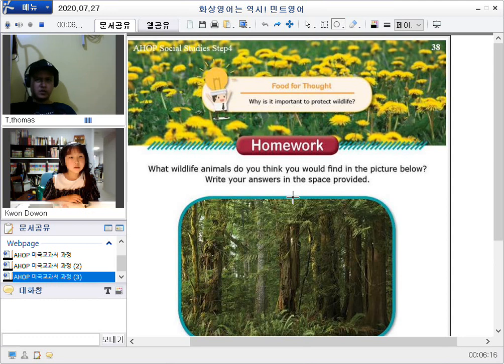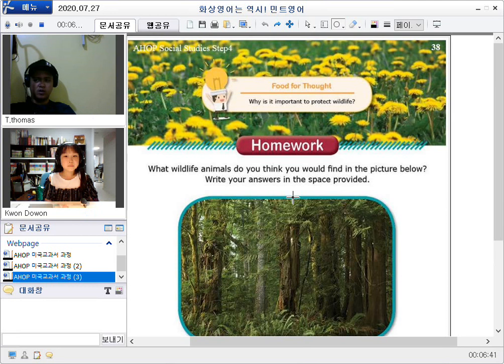But is it okay to cut the trees in the wildlife? No. Why? Because we can't breathe, and also wildlife can't live without wood, and wildlife lost their house.